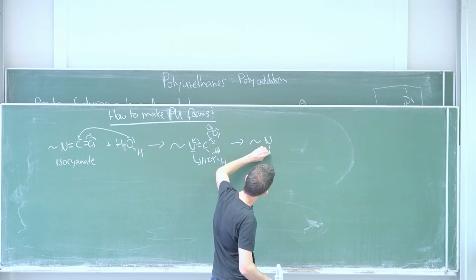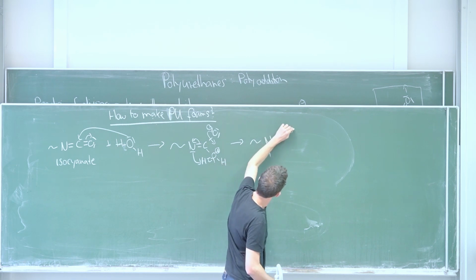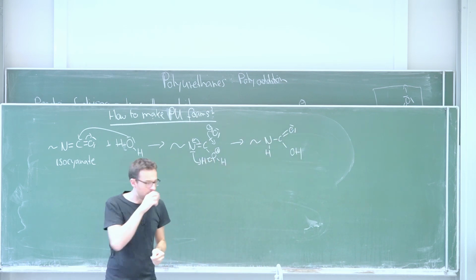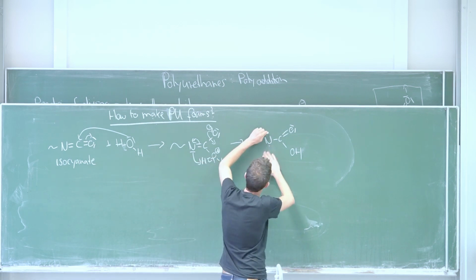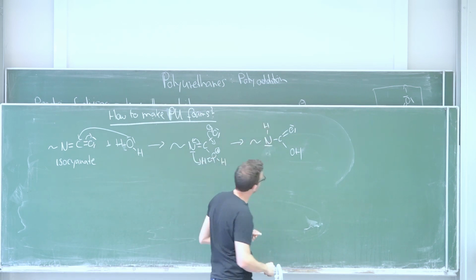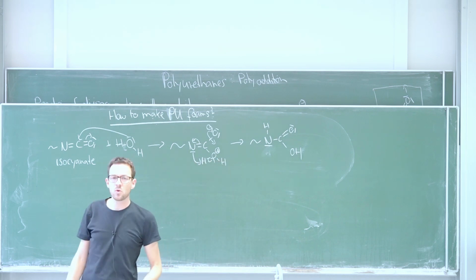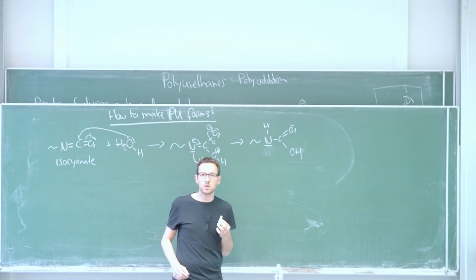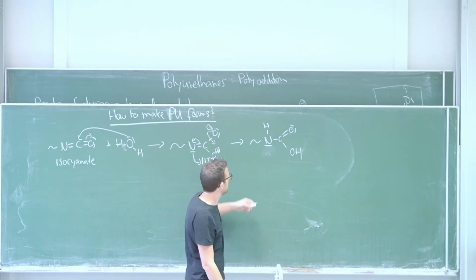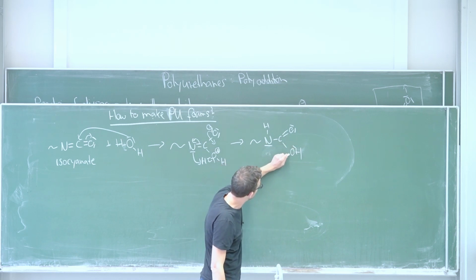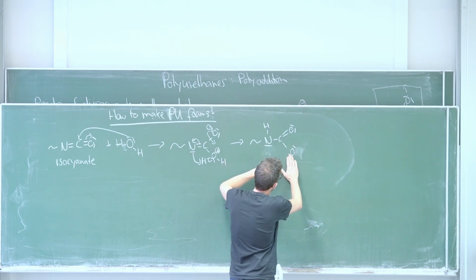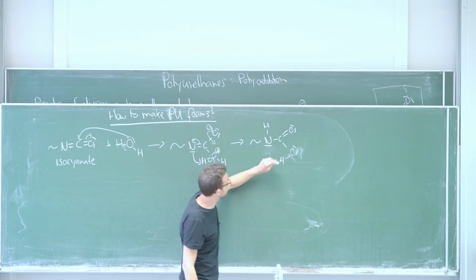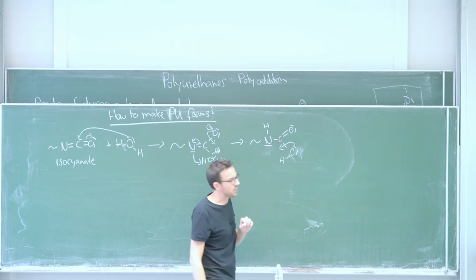So that means we have a situation that looks like this. And now, let me draw it a little bit differently. Now we see this is where the normal reaction stops. But here, this molecule has another way to relax a little bit more and reduce its energy a little bit more. So what we see is that we have the possibility, maybe clearer like this, to actually form another double bond here.